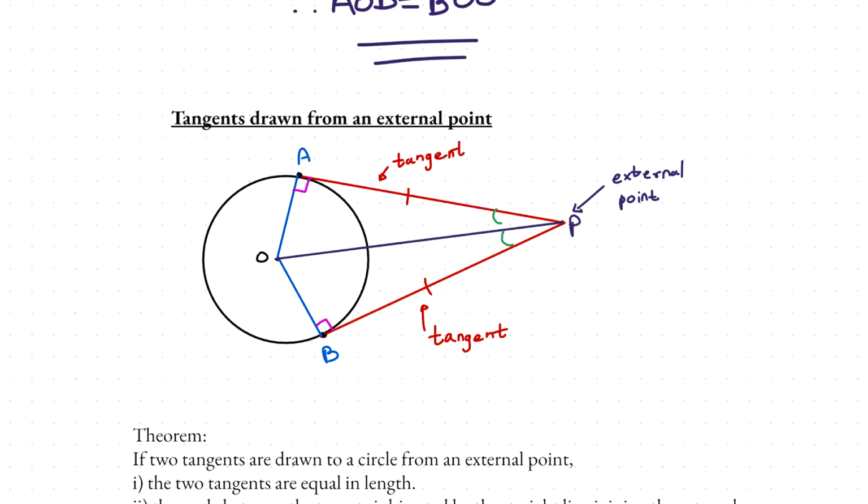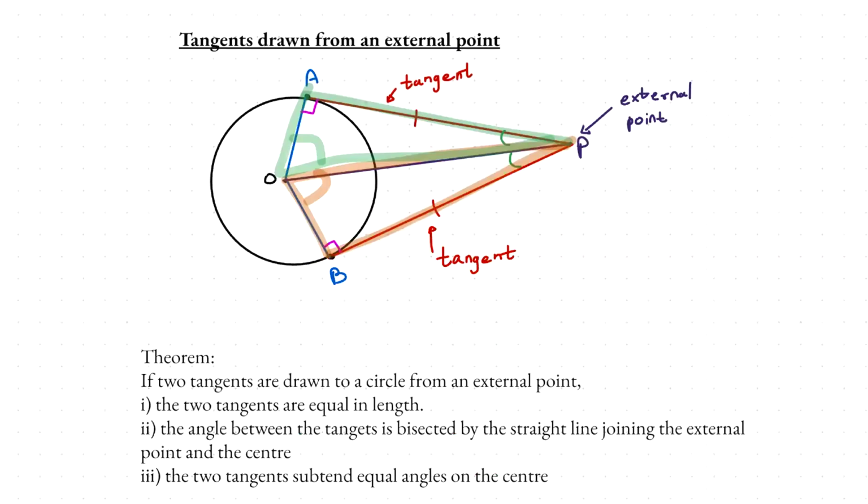So let me show you like this. This is the BP tangent. The angle it subtends at the center is this angle. If you take the AP tangent, the angle it subtends at the center is this angle. So they are saying these two angles are equal.